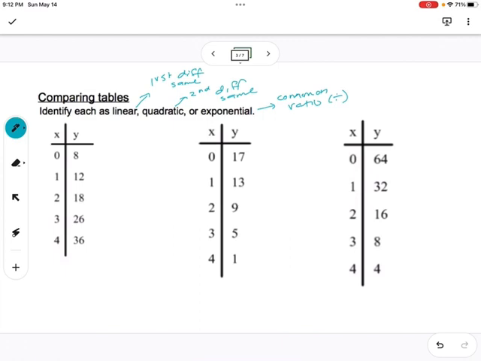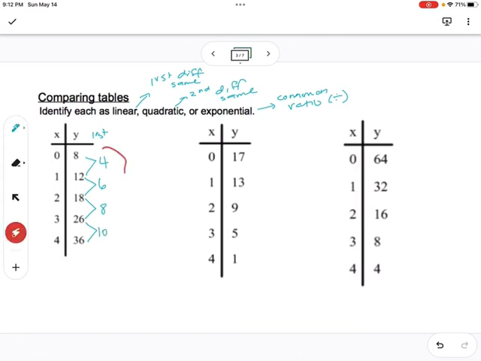So the first one, let's find our first differences here. So 12 minus 8 is 4, 18 minus 12 is 6, 26 minus 18 is 8, and 36 minus 26 is 10.